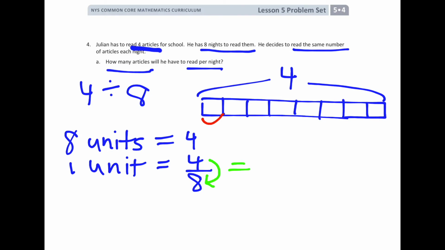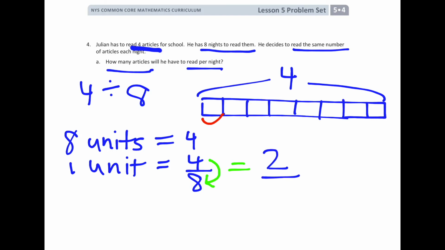Ladies and gentlemen, my mathematicians, can 4 go into 8 at all? Does 4 multiplied by anything equal 8? You guys are super good at your multiplication facts, and you will know that 4 times 2 is equal to 8.